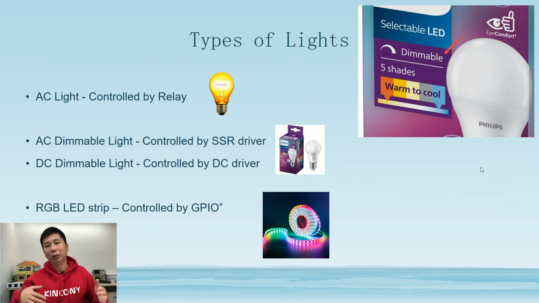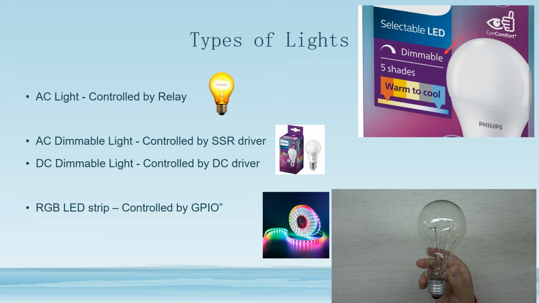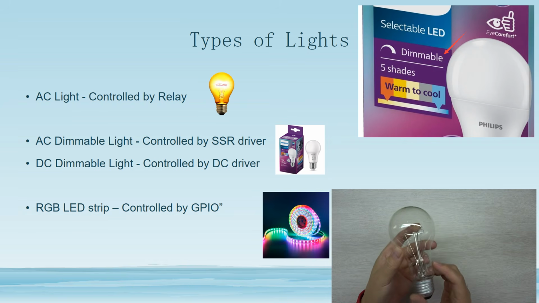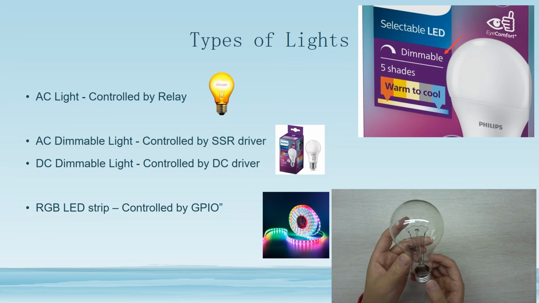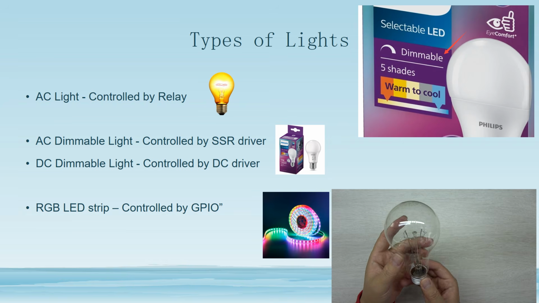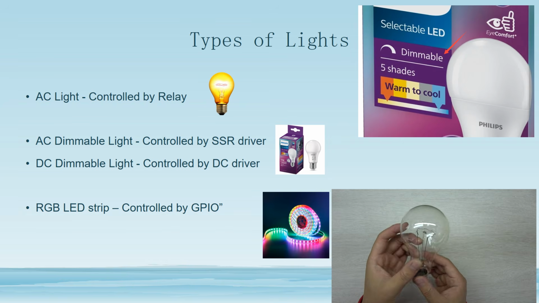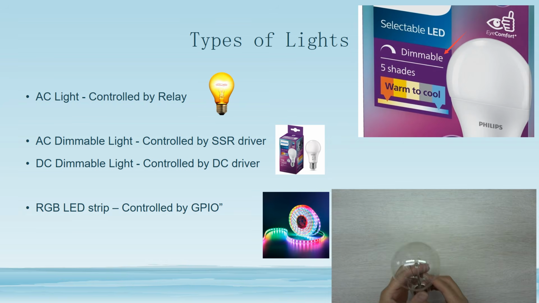First you need to understand how many types of light you will touch. You can see the first one, the AC lamp, and this one is a dimmable light, and this one is an LED strip. Let's look at the products. This is an AC lamp, which works with AC 220 volt or maybe 110 volt, just an AC light. And this one is a dimmable light.